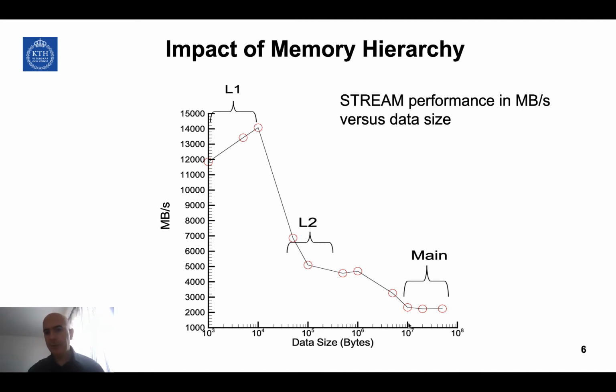And then for rather large array sizes, the data fits neither in L1 nor L2, but only in main memory. The data needs to be loaded from main memory all the time, and the bandwidth is therefore lower.